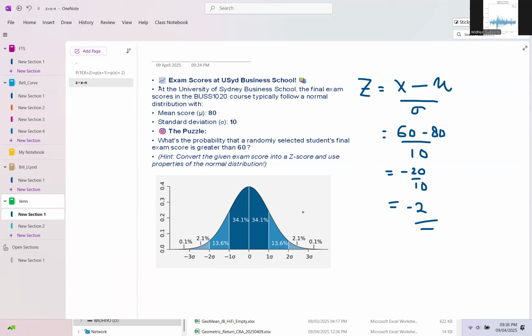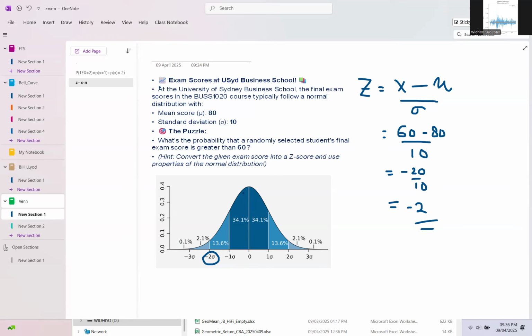If you already memorized the normal distribution sigmas and percentages, you'll know where minus 2 is. As you can see, it is in here.